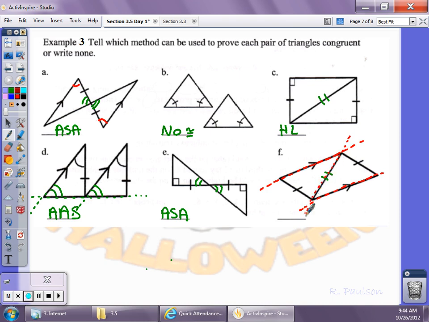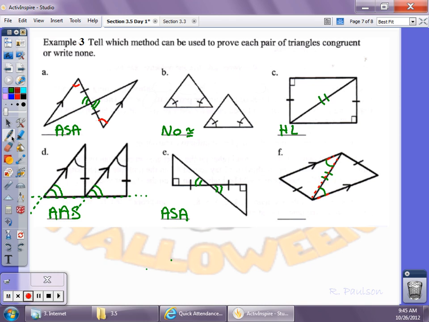Okay, so remember the alternate interior angles not only have to touch the same transversal, but they have to touch the line that's parallel. So I can mark that this angle is congruent to this angle based on alternate interior angles. And just to erase this so we have a better view, okay, so based on these markings, I do have two sides that are congruent to two sides in a second triangle, and I do have an angle.